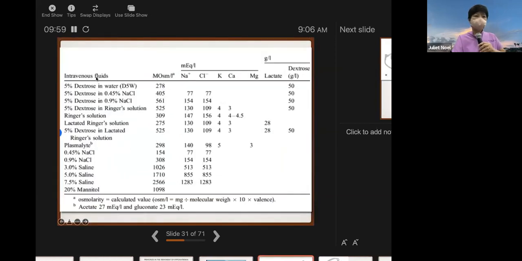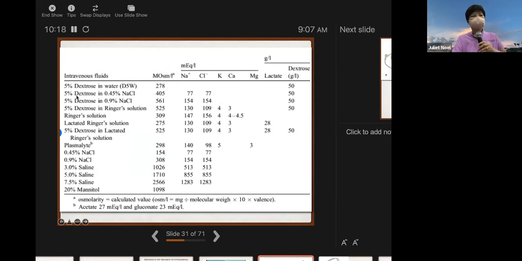So the IV fluids that are common: D5 water, there are no electrolytes, but there's glucose, and the osmolarity of that is 278, so it's almost isotonic.